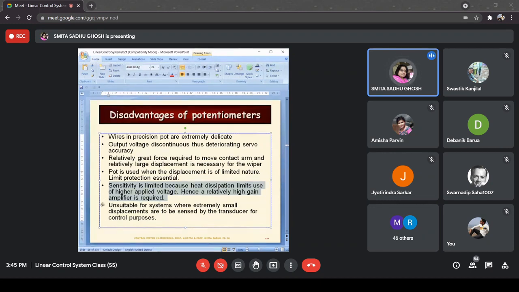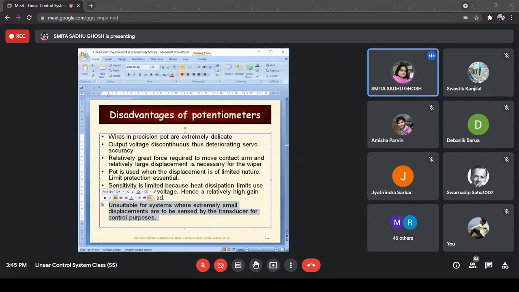This is unsuitable for systems where extremely small displacements are to be sensed by the transducer for control purposes because of the resolution problem. It is going to be limited by the value of the resolution that we've already discussed. So these are some of the limitations of potentiometers.